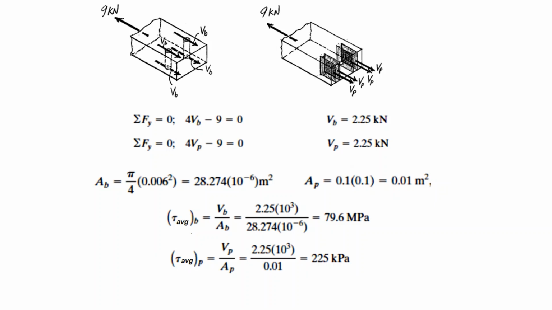Overall, this is the summary. We have a critical section in the bolt with 79.6 megapascals shear stress, and in the plate we have 225 kilopascals.